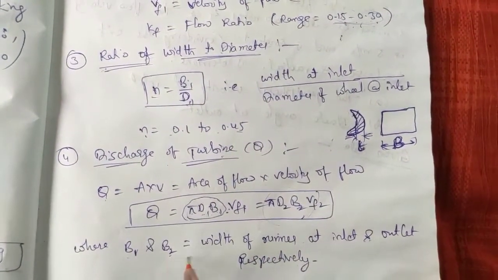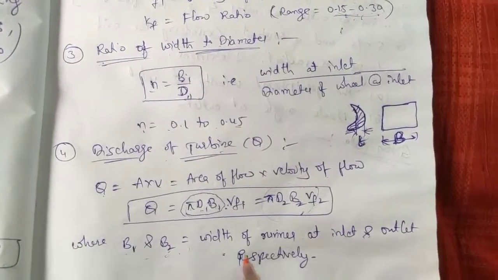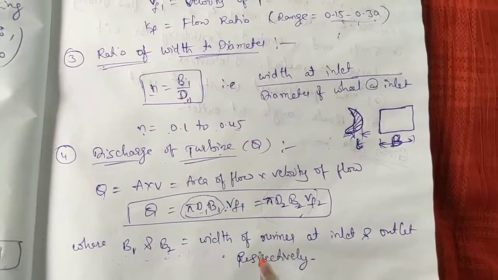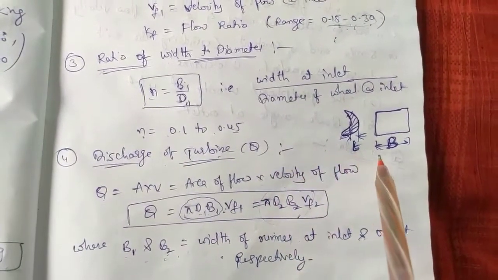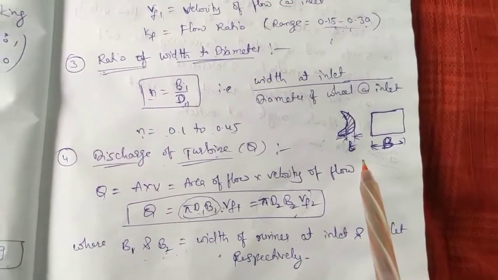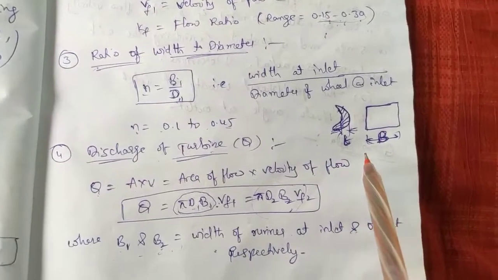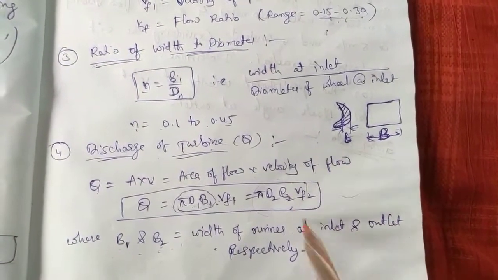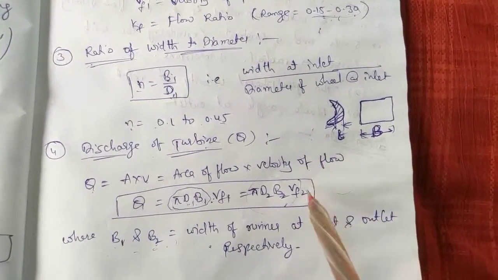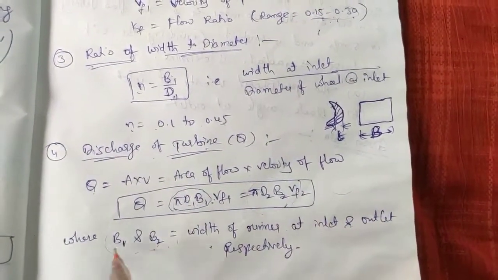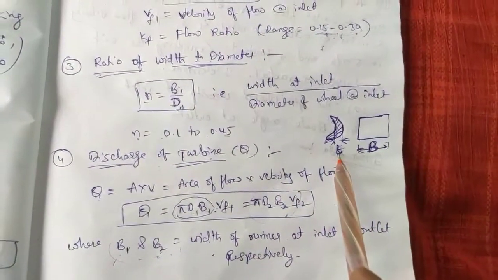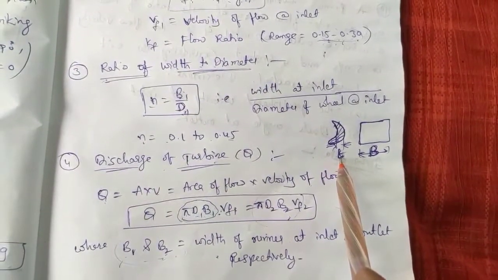To clearly understand b1 and b2 of the blade, you can see the diagrams by typing in Google, Francis turbine runner. There you can see the shape of the Francis turbine, and also the terminology: B1, T, thickness of blade, you can see clearly.